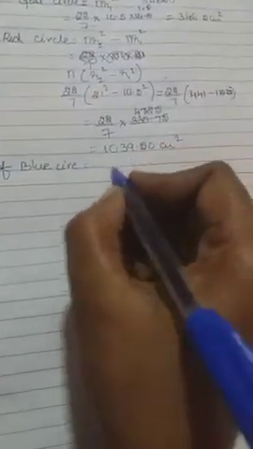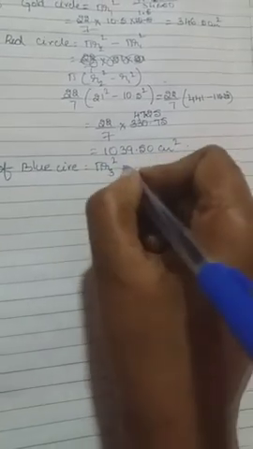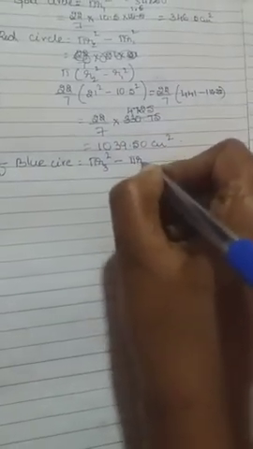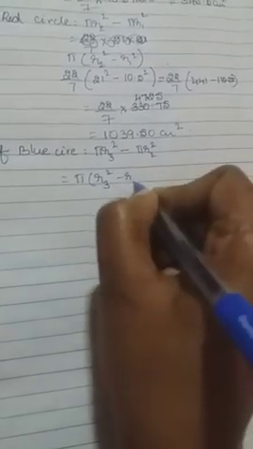So here also we have to take the area of the blue circle, which will be pi r3 square minus pi r2 square, because the radius of the blue circle is r3. If we take pi common, it will become pi times r3 square minus r2 square.